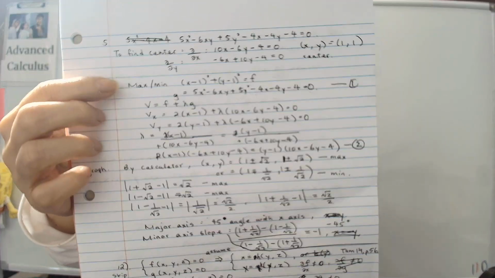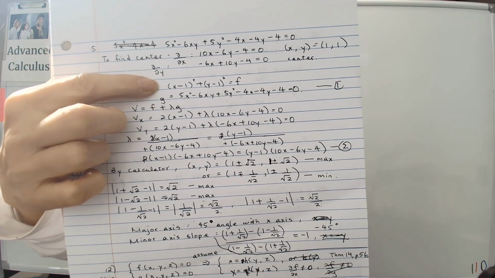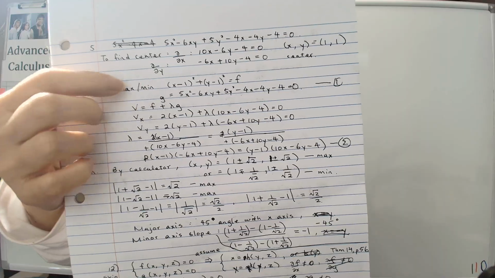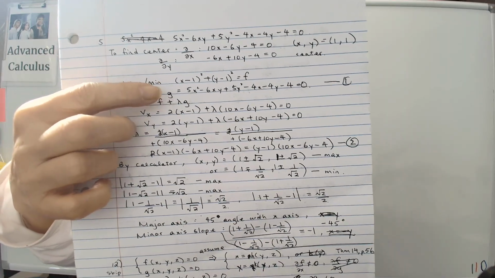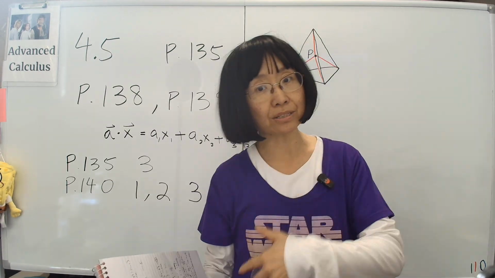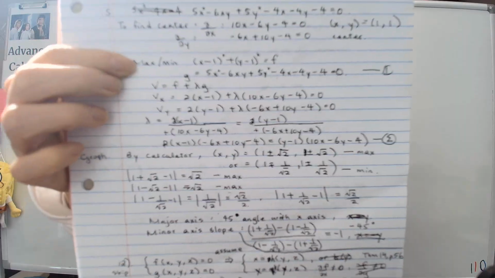And then we're going to calculate the max or min of this thing in order to figure out what the axes are, right? So we'll figure out the max and min of some point, and then calculate the distance from the point to the center, and that should give us the max and the min. Oh, all right.